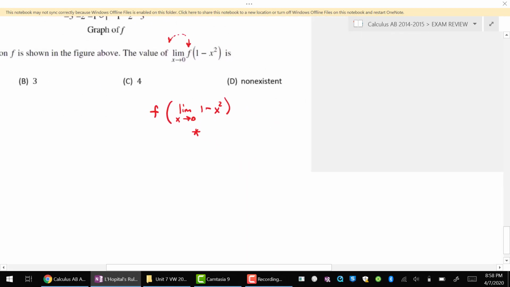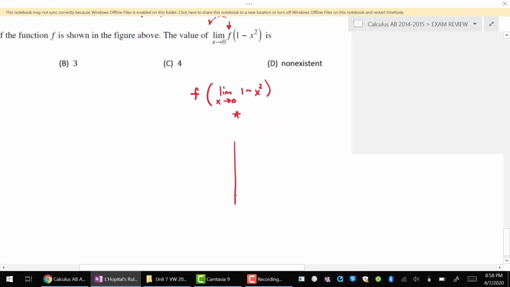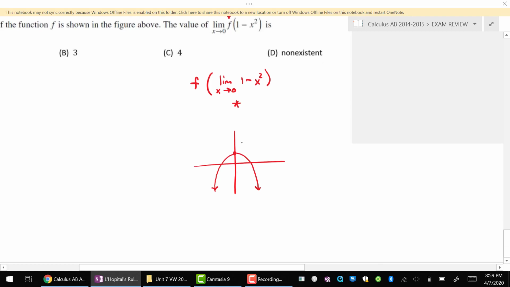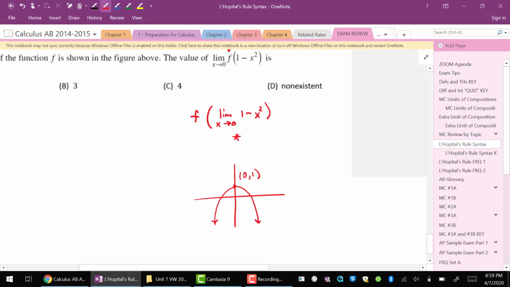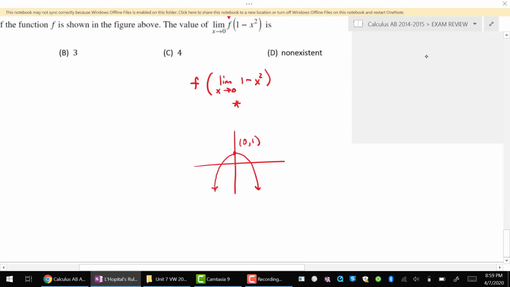Here a picture will come in handy. So 1 minus x squared is a parabola that opens down that has a vertex at (0, 1). Think about what happens as you approach 0, from the left and from the right.